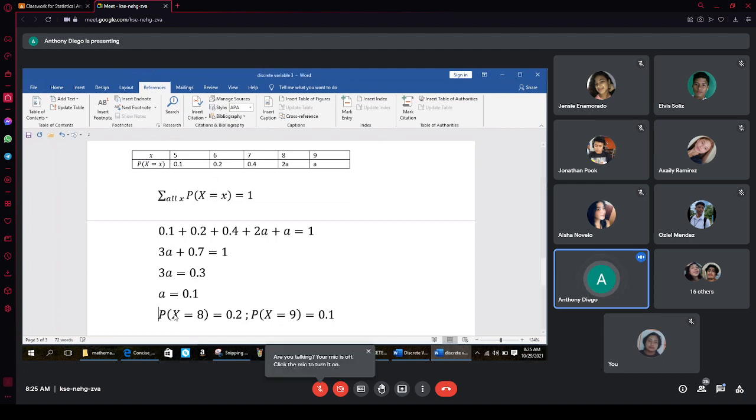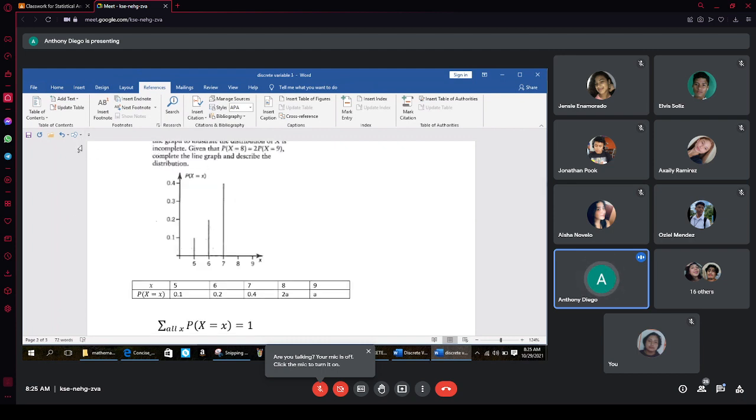So we have found those probabilities, and then they're asking us to complete the line graph.